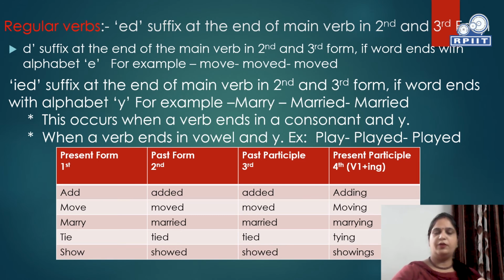When a verb ends in a vowel and y, then we will not change y into ied. Example, play, played, played. For more examples, we can go with the box: move, moved, moved; marry, married, married; tie, tied, tied; show, showed, showed. These are some regular verbs.